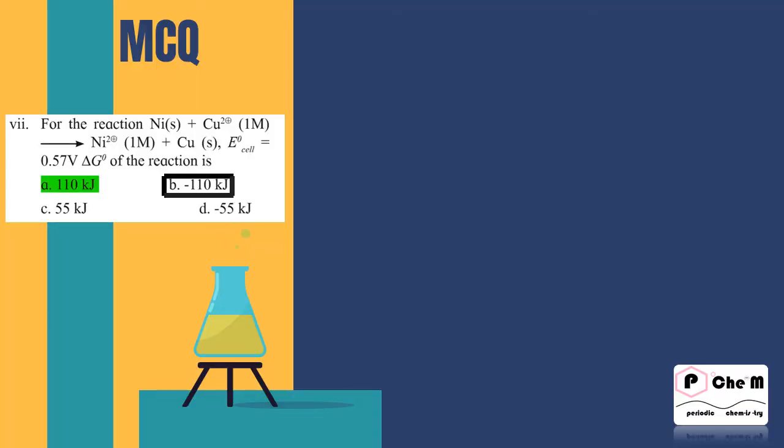This MCQ is the 7th MCQ from the Maharashtra State Board 12th Standard Science textbook. Here the reaction is given which has Ni plus Cu 2+ ions giving Ni 2+ ions plus Cu. We can see that the concentration is 1 molar here, which is a standard concentration. The standard cell potential is also given and we need to determine delta G, that is Gibbs free energy.